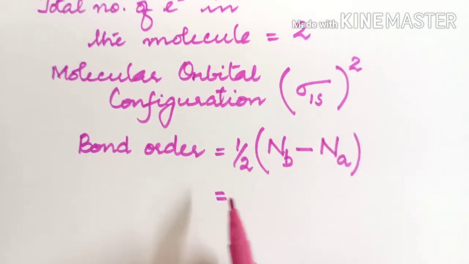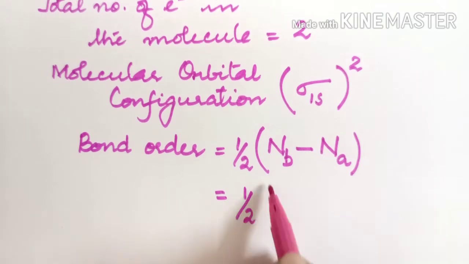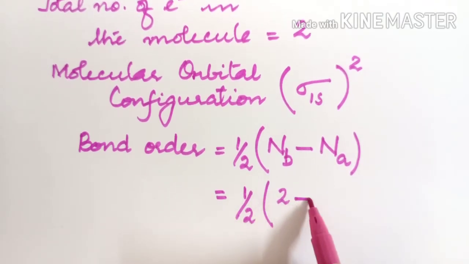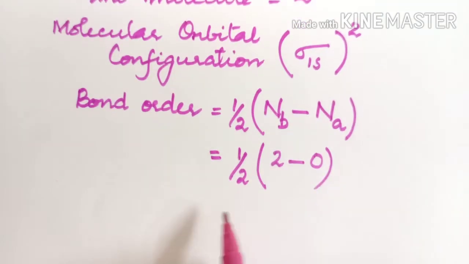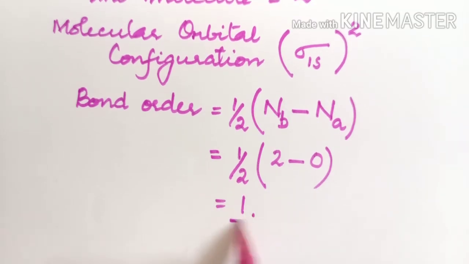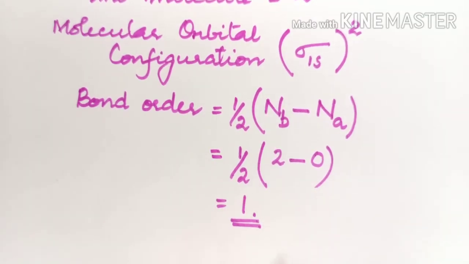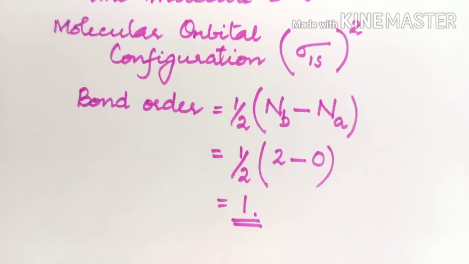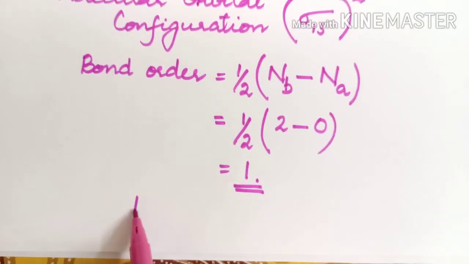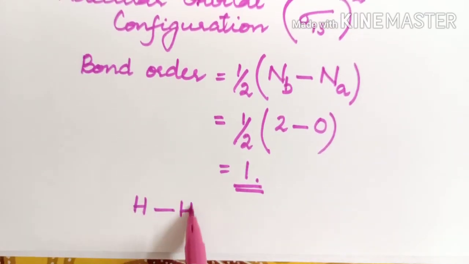So what will be the bond order? It is half of 2 minus 0. That means the bond order is 1. The integral values of the bond order indicates the number of bonds in between. So here you find that the bond order is 1. That means hydrogen has a single bond in the molecule.